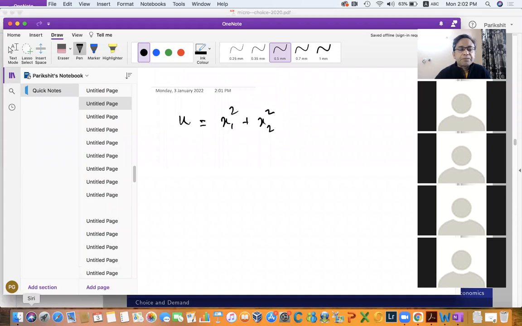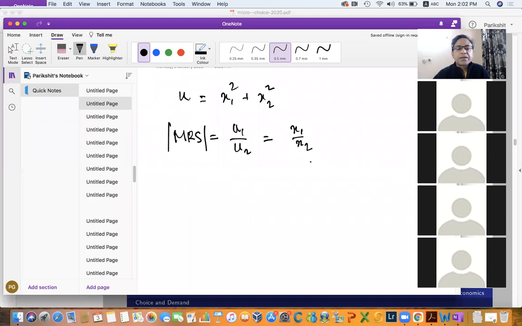If I calculate the MRS, it's marginal utility of good 1 divided by marginal utility of good 2. I'm ignoring the negative sign here, taking the absolute value of MRS. And that is x1 by x2.